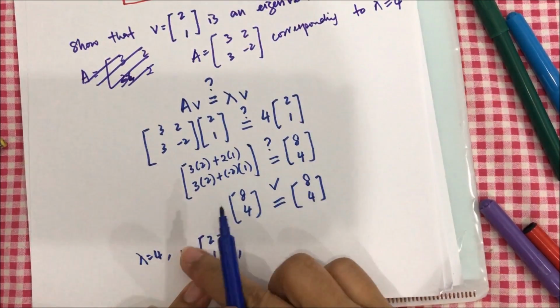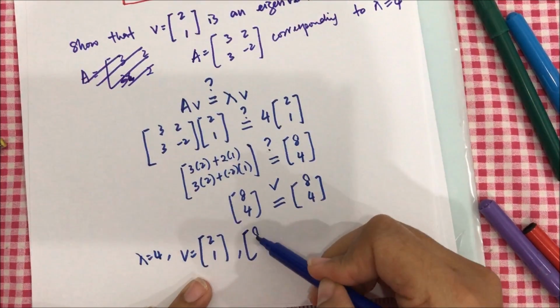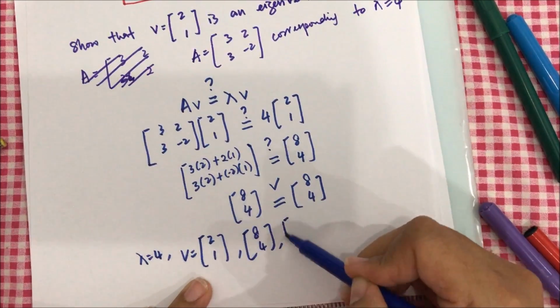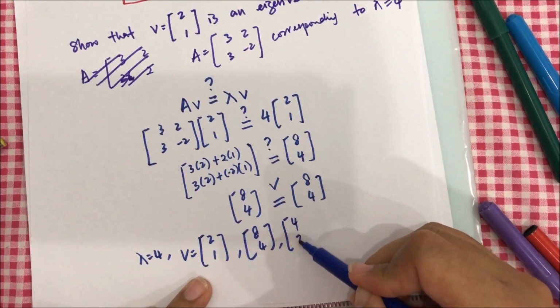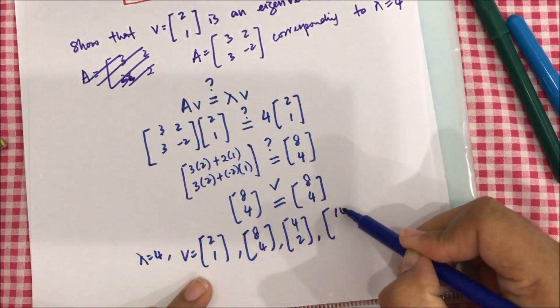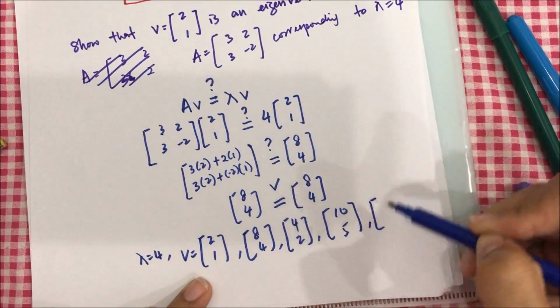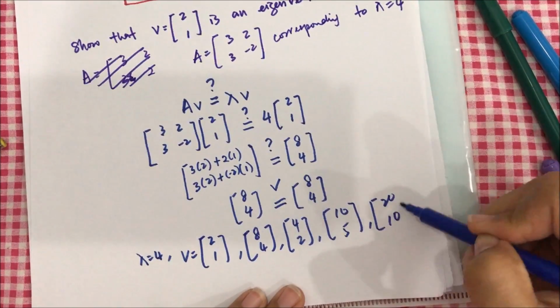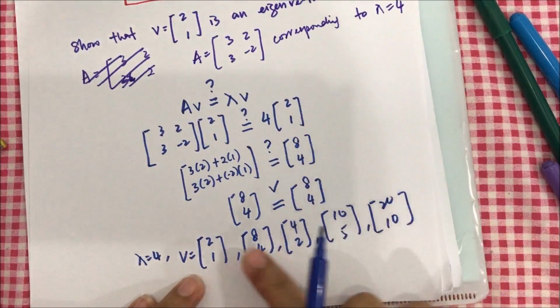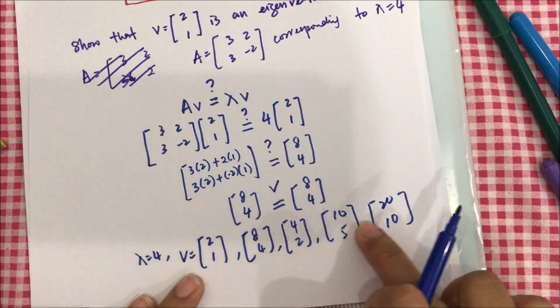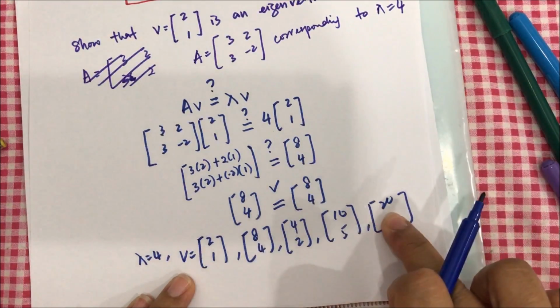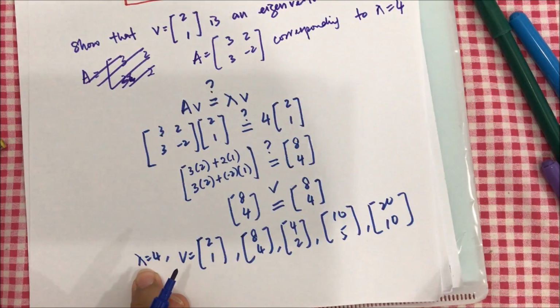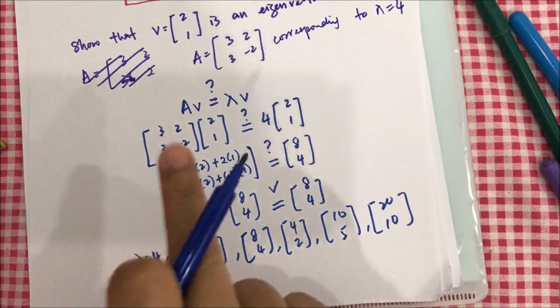That means V equal to (2, 1), or (8, 4), maybe, or (4, 2), or maybe (10, 5), and so on. All of these will become eigenvectors corresponding to this eigenvalue of matrix A.